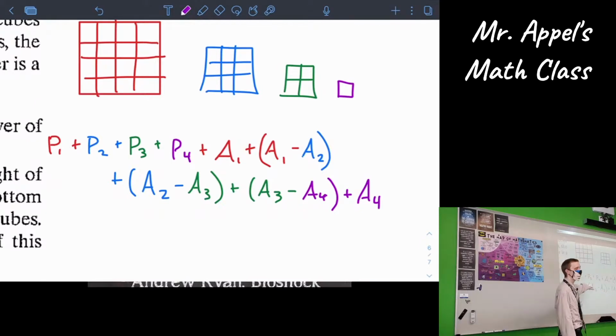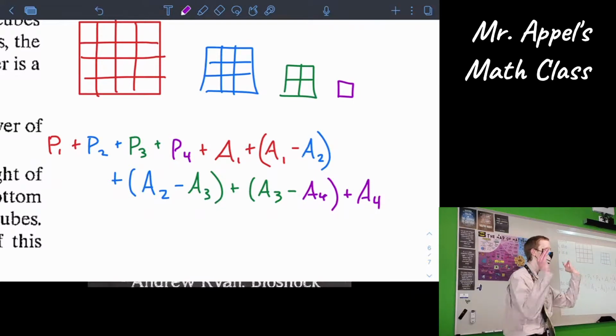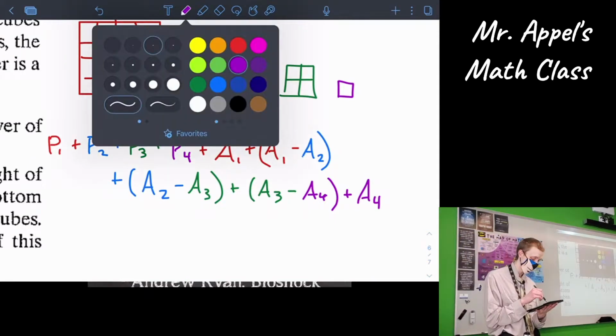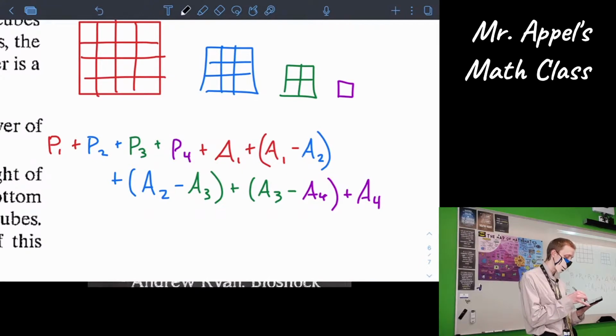Do you notice anything about the way I've written this? It's all addition, subtraction. Do those parentheses actually do anything to the computation? Do they actually change the order of operations at all? No. So ignoring those parentheses, does anything get reduced? I've got a negative A2 and a positive A2 right there.